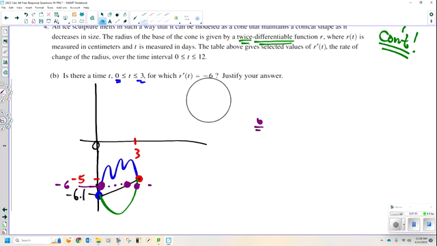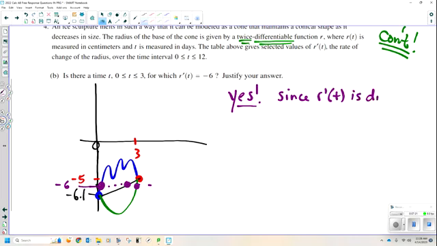Okay, so is there a time? It doesn't ask me to state the time. It says, is there a time? Yes! I'm so excited, I'm going to use an exclamation point. And I'm going to say, since r prime of t is differentiable, it must be continuous. That's important.